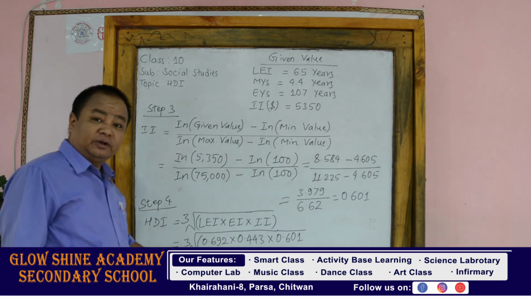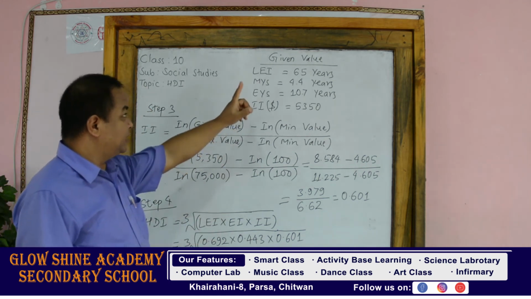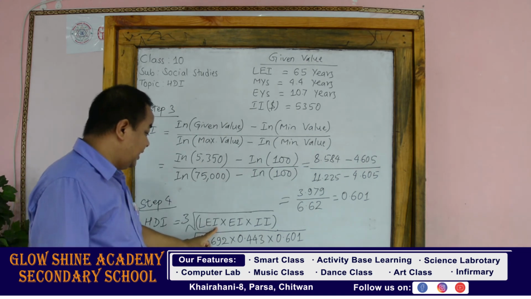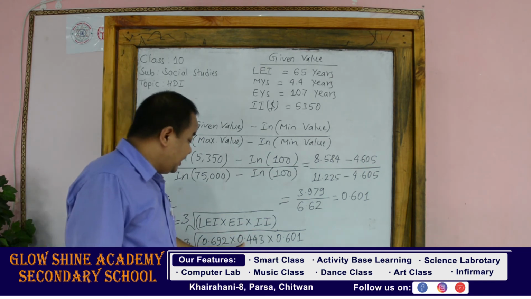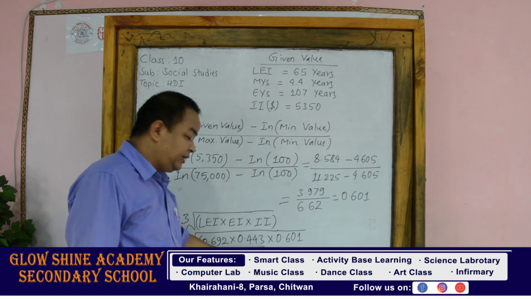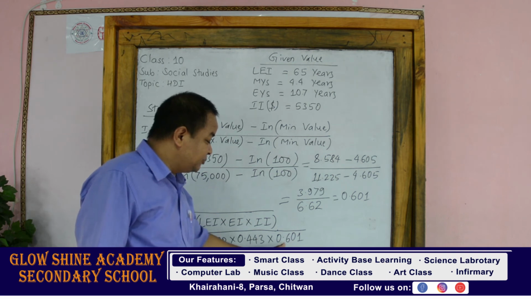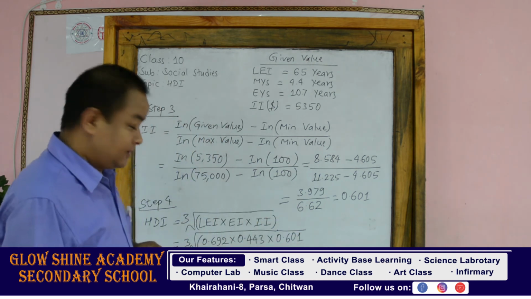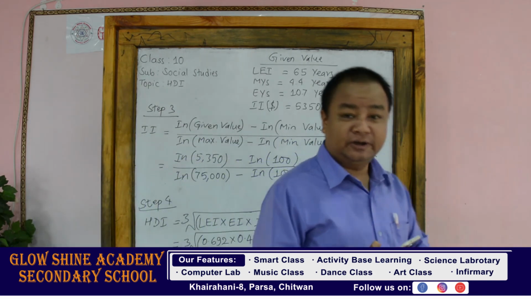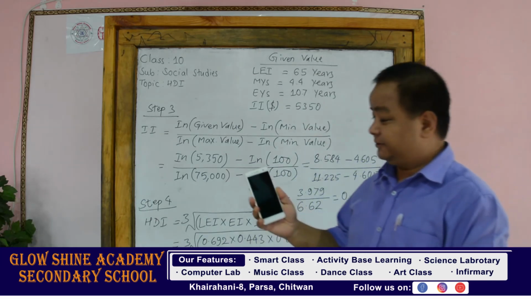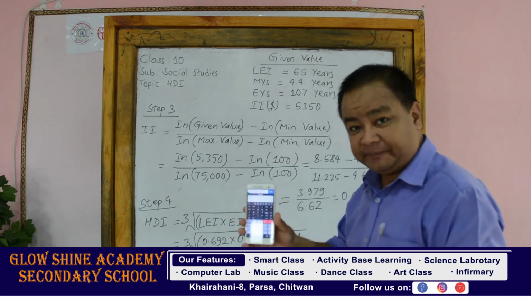Look here. We have already found out the values of the given country: LEI 0.692, EI 0.443, and income index II is 0.601. Cube root. First, you must use a scientific calculator. Okay?